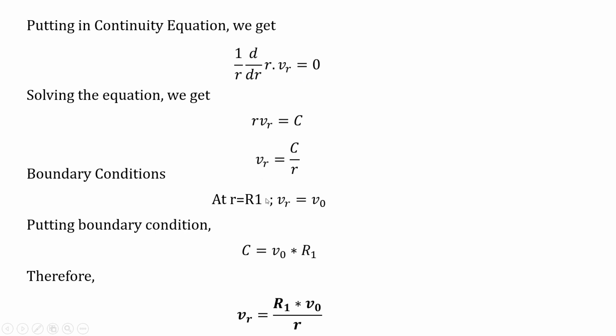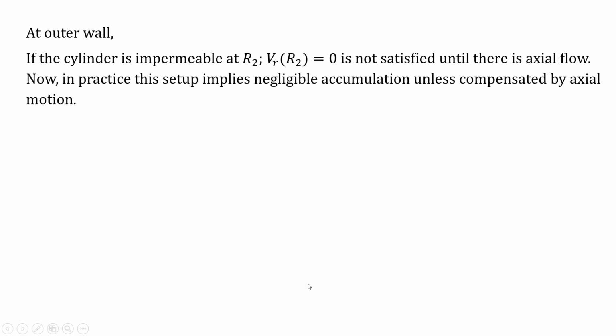Now boundary condition for this is at r equals R1, Vr equals V0. So C will be calculated as V0 into R1. So the Vr equation becomes R1 into V0 by r, and this is the equation for our Vr.